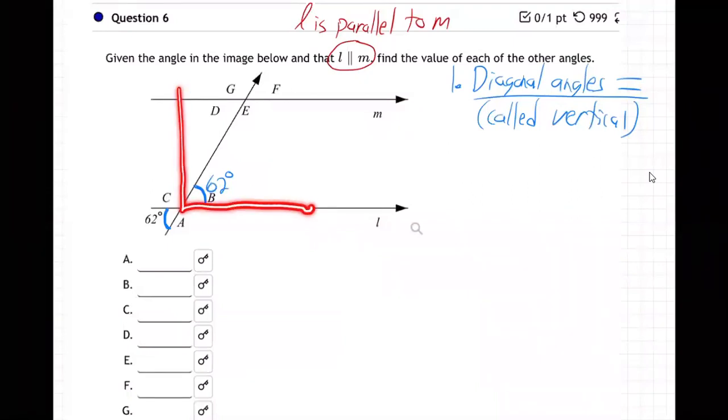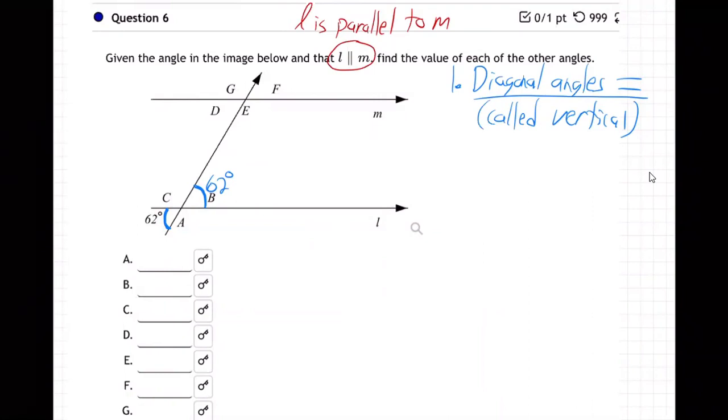There's 90 right there. B is less than that. And doesn't it look like A is less than 90? They look like the same opening. They are. They've got to be. So diagonal angles have to be equal to each other. Right away we can find out that angle B is also 62 degrees.